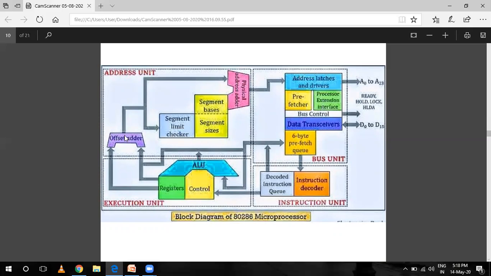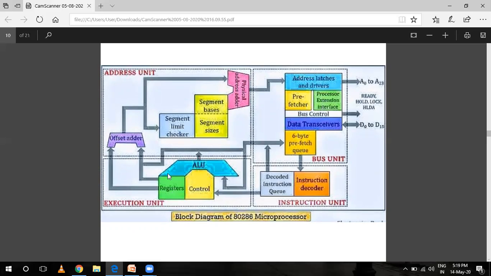Now see, this architecture is divided into 4 units. First is the address unit, second is the bus unit, third is the execution unit, and fourth is the instruction unit. Or you can say the address unit, then bus unit, then instruction unit, and then finally execution unit.